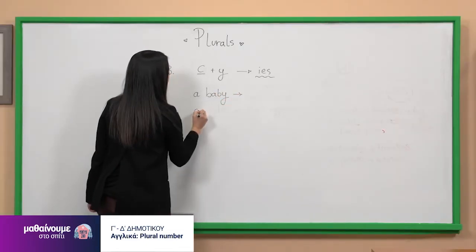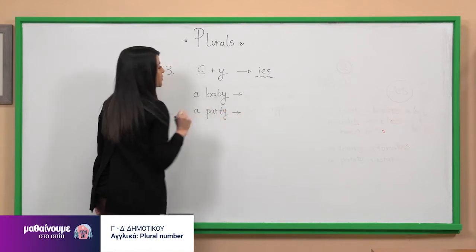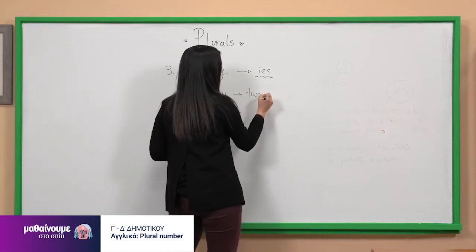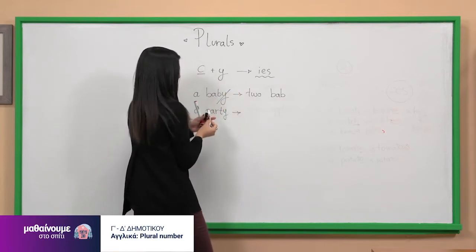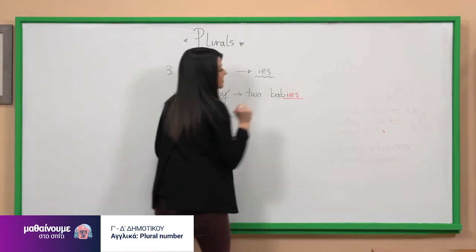For example, let's take a baby, okay, and a party. So, what do we do? A baby. 2 babies, we take out the Y and we put IES, babies.